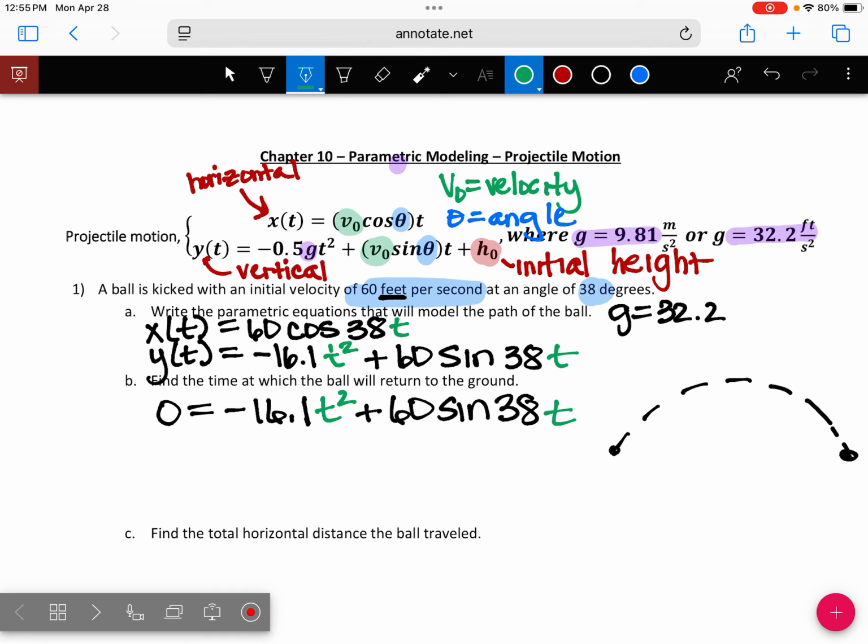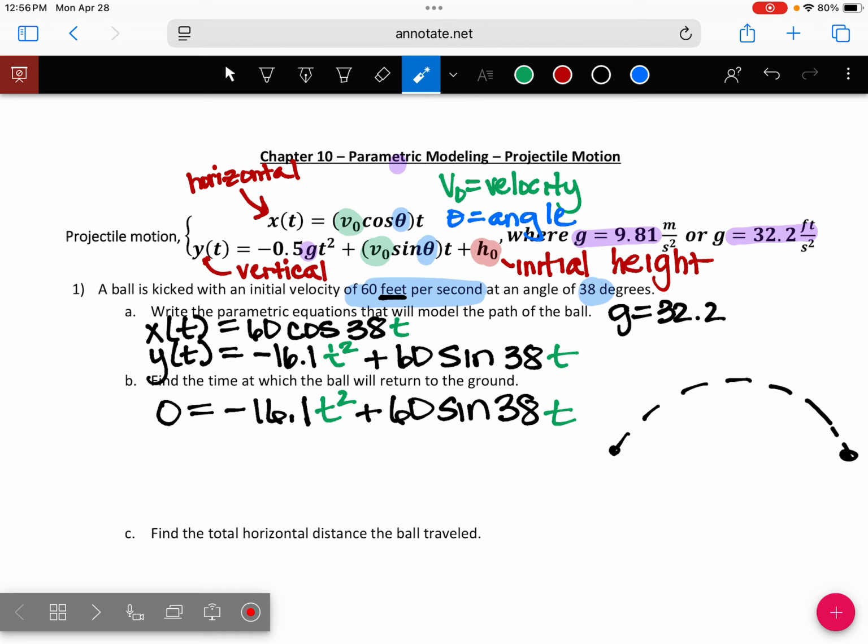And I think the issue here is you may not recognize how to solve this, but it's a quadratic. We could use the quadratic formula, which would be a lot, or we can just take out the GCF. So what is my GCF? This has a t squared and this one has a t. So what's my GCF?